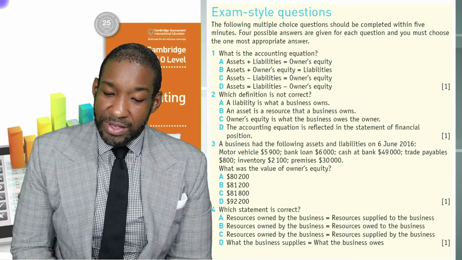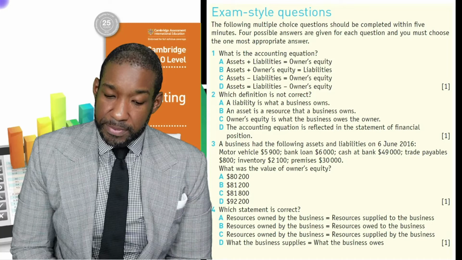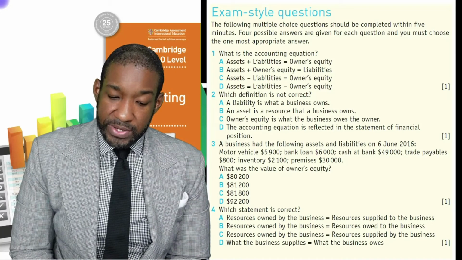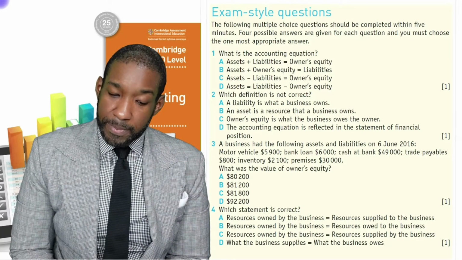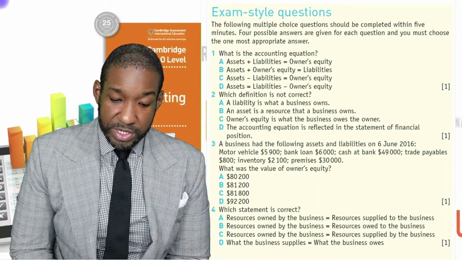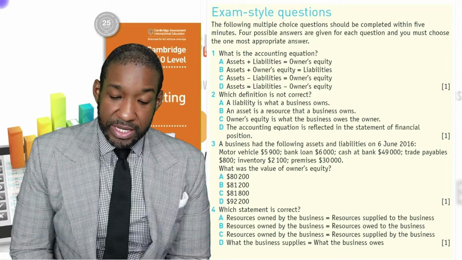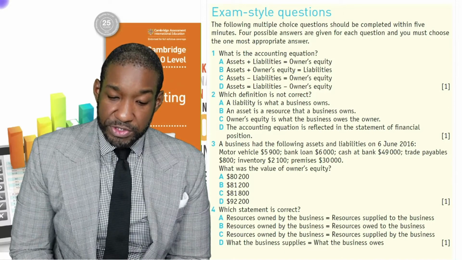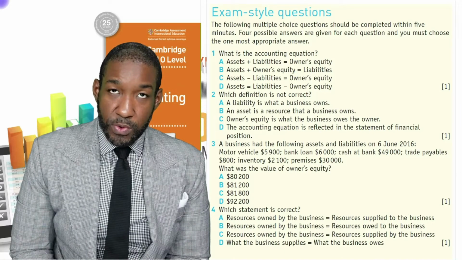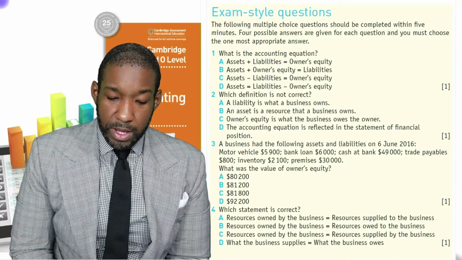What was the value of owner's equity? A, $80,200. B, $81,200. C, $81,800. D, $92,200. Don't forget the accounting equation when you're answering that question.